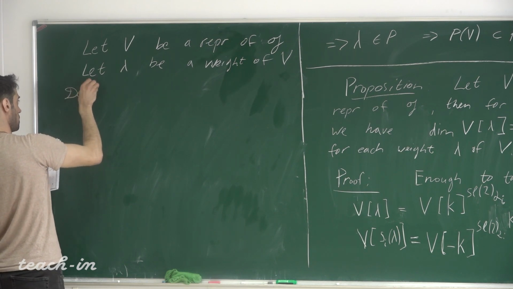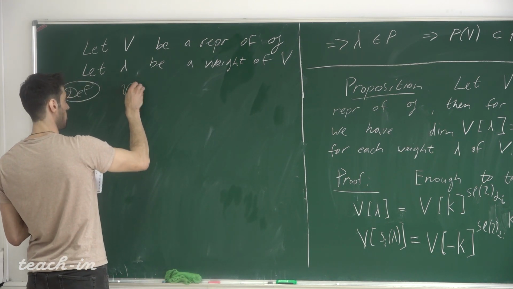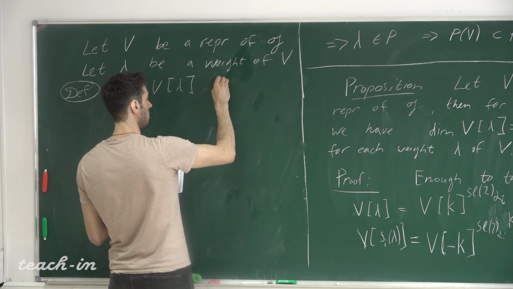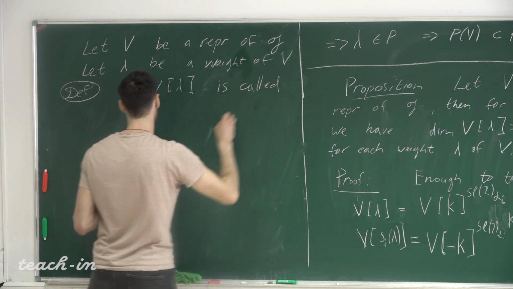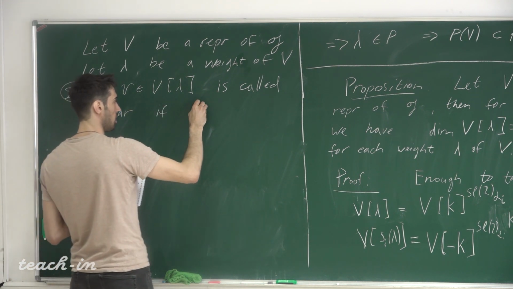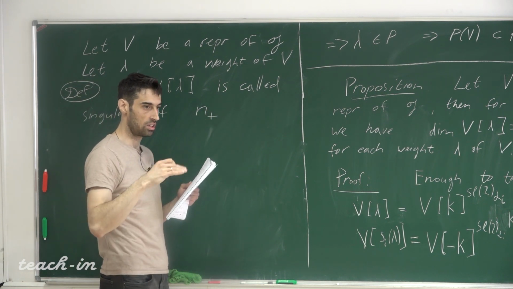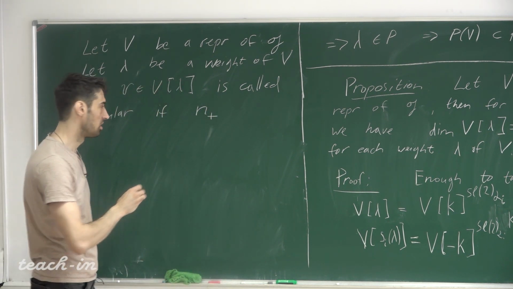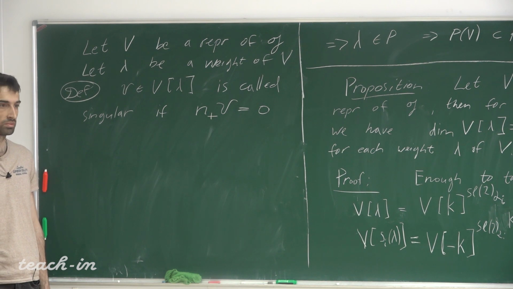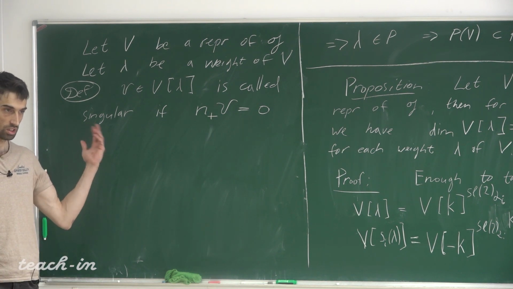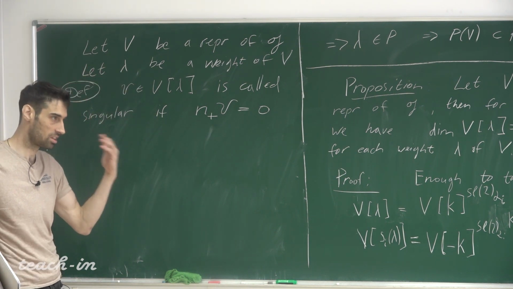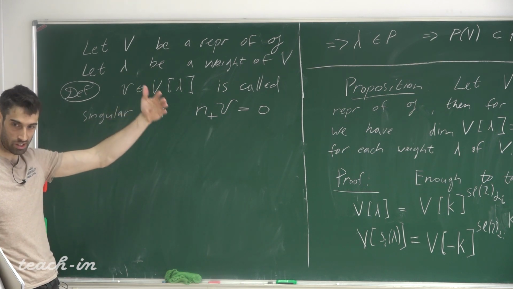By definition, some weight vector V of weight lambda is called singular if it is killed by the upper triangular part: n plus V equals 0. Remember this triangular decomposition, n minus, h, and n plus. In SLN, n minus and n plus were lower and upper triangular matrices.